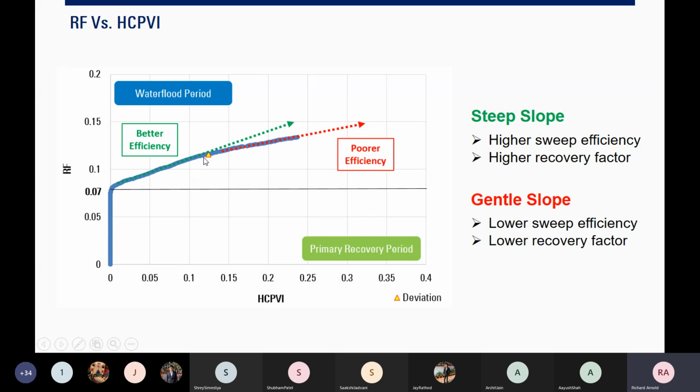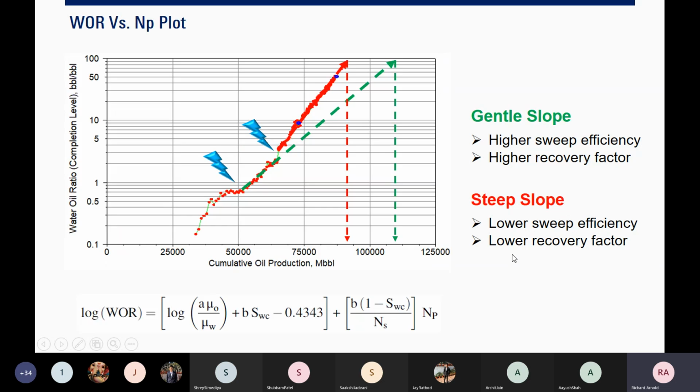We need to go back and read our production history and operation history to know what really happened. Around this time, the slope changed, and that changed the sweep efficiency. Finally, it follows this poor efficiency line. Unfortunately, it will give you lower sweep efficiency and of course lower recovery factor.